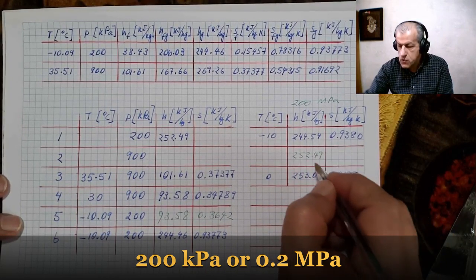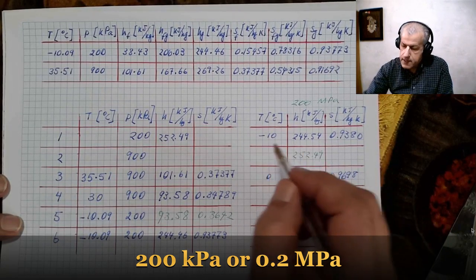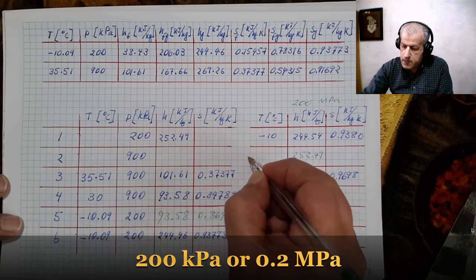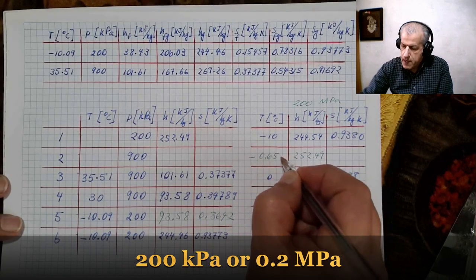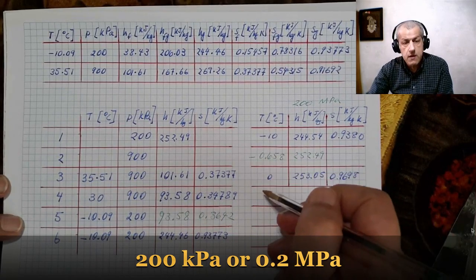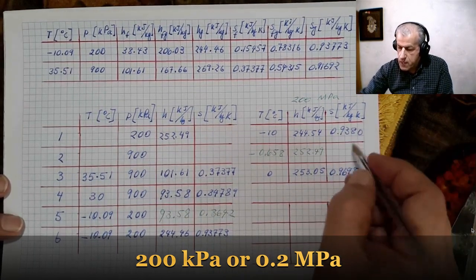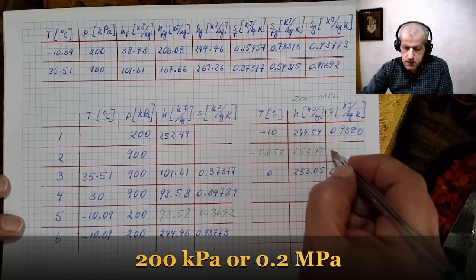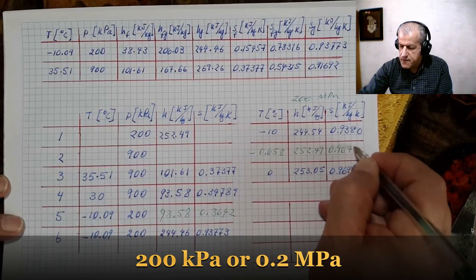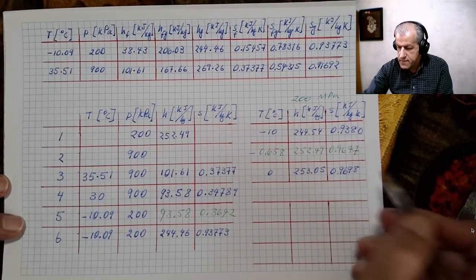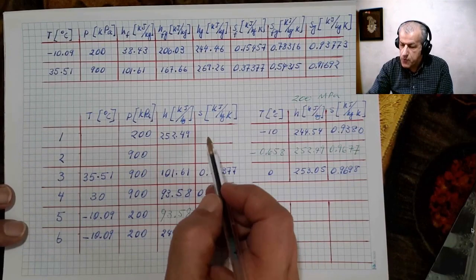If we use this value to interpolate between 0 and 10, the temperature would be minus 0.658, which is very close to 0, as I just mentioned. And the entropy would be 0.9677. So these are the two unknown values that we needed here for point 1.